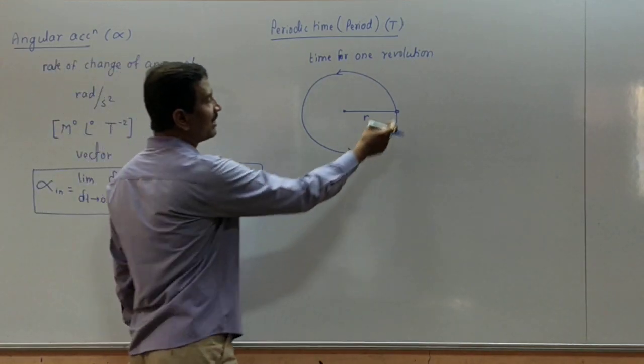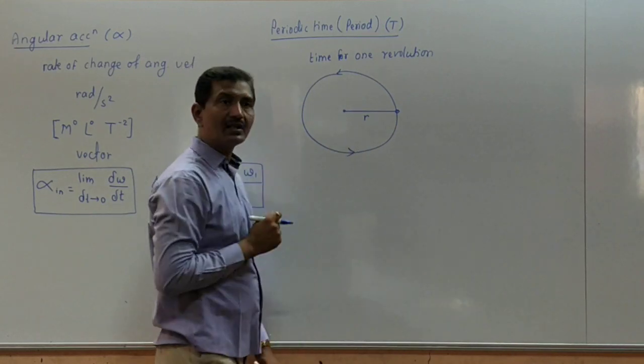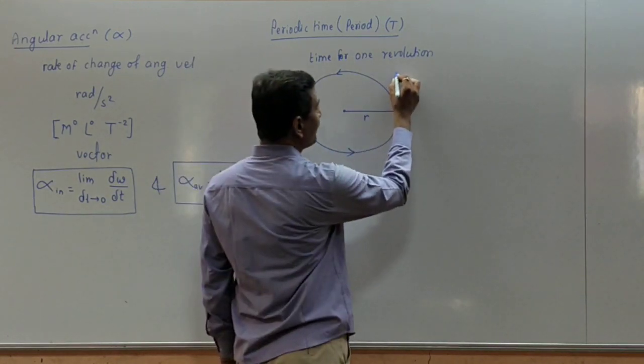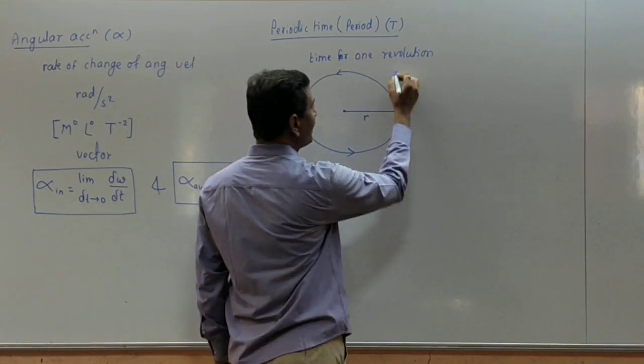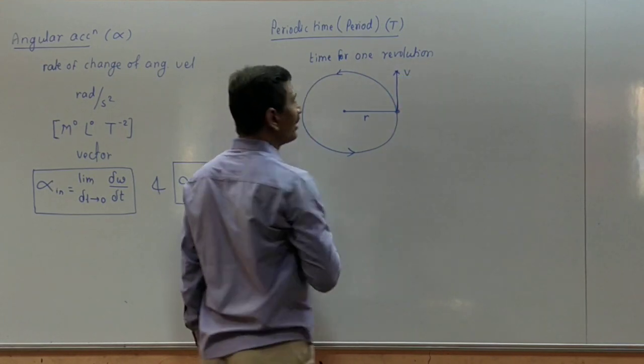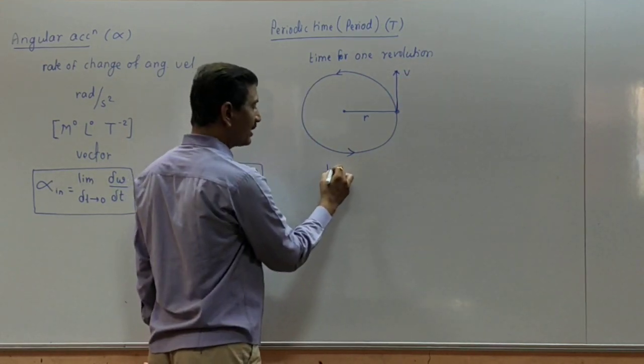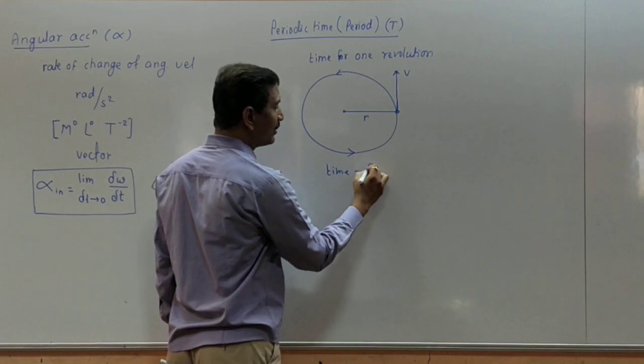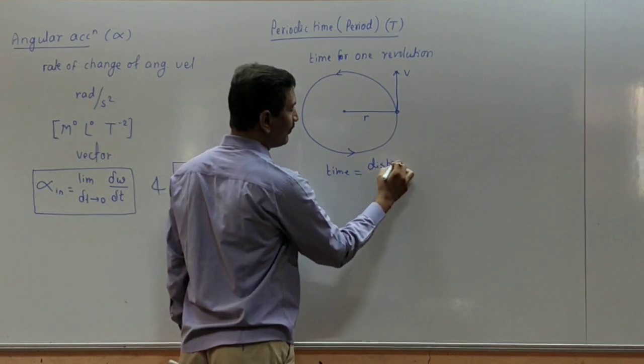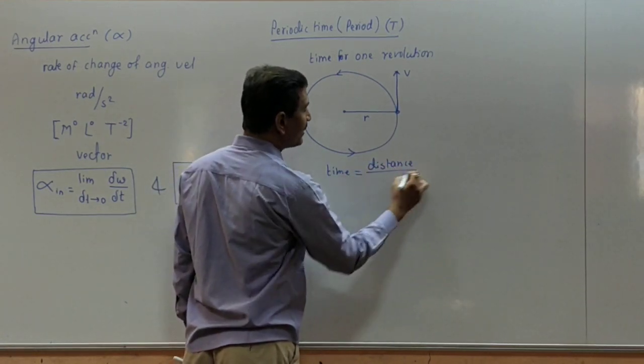So time for one revolution is the periodic time. Distance covered in one revolution is the circumference, and the linear velocity possessed by the particle is v. So then use our simple relation, time is equal to distance upon velocity.